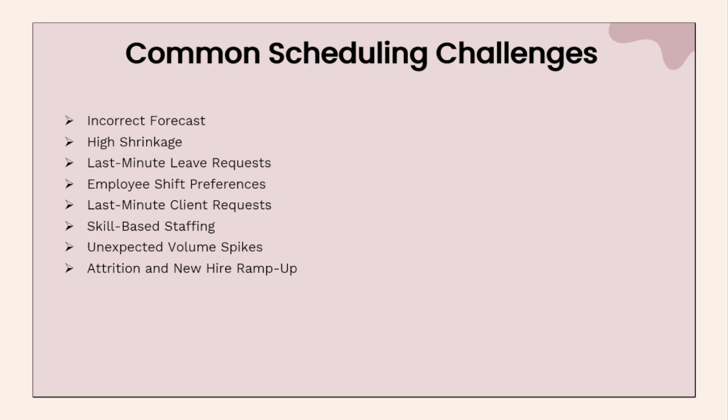Last minute leave requests: we have created the schedule, we have already taken all the leave requests from every TL. We have prepared our schedule, but before publishing it, in the last hour we got one new leave request. To accommodate that becomes very challenging for us.